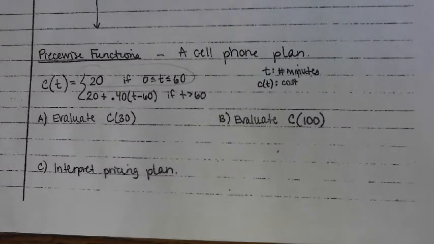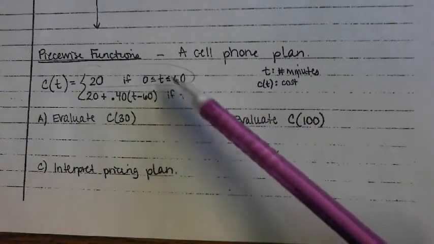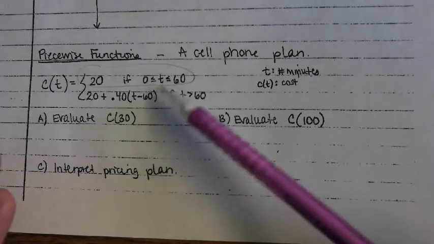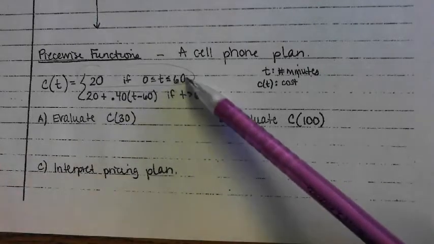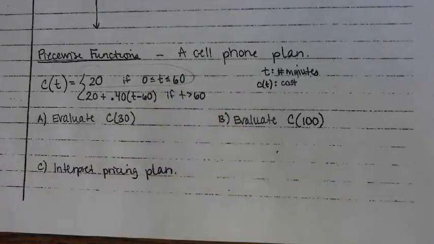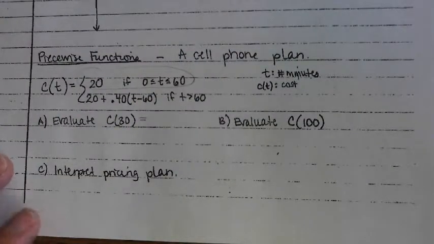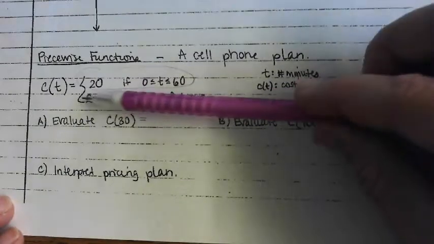So if we evaluate C of 30, anytime you're evaluating piecewise, you've got to figure out which piece you are using. If the time is 30, you're using the first piece because it falls in that interval. And if you evaluate that, Nate, what does C of 30 equal? So we're essentially looking at that top equation.